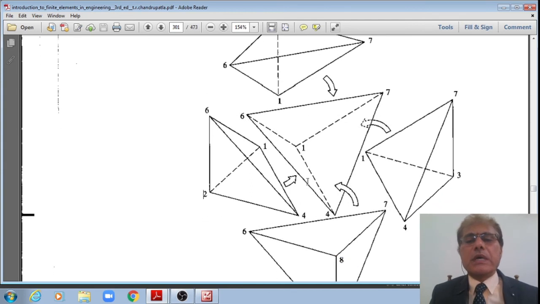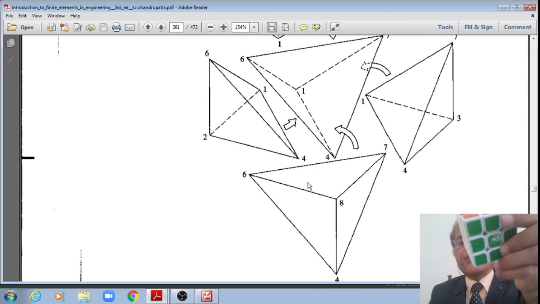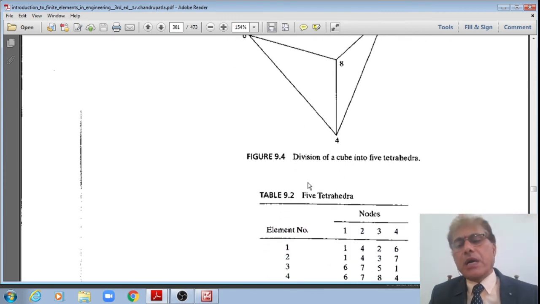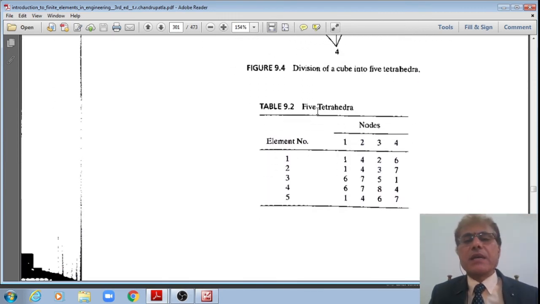That is how the discretization of this cube into 5 3D 4-noded tetrahedra is done. If I discretize like that, then I have element numbers 1, 2, 3, 4, 5 and local node numbers, which are related with the global node numbers. For the first element it is 1, 4, 2, 6, and for the second element it is 1, 4, 3, 7, and so on.